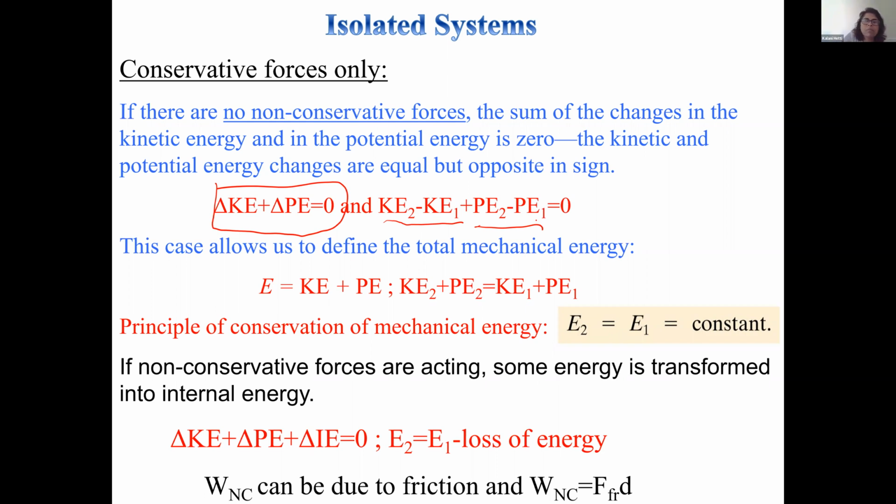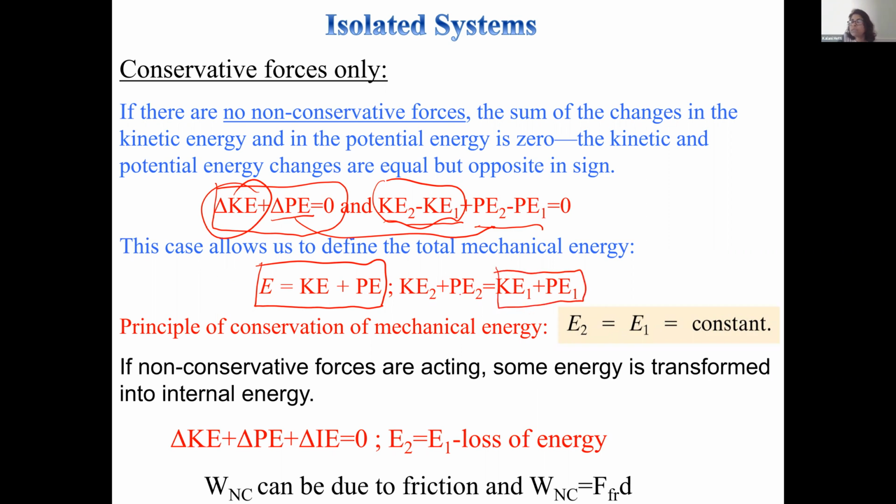I basically replace these two with this and these two with this, using the change-of-something definition. Now I can just exchange the terms. Total energy can be written as kinetic energy plus potential energy. I bring kinetic energy 2 and potential energy 2 to one side, and kinetic energy 1 and potential energy 1 to the other.